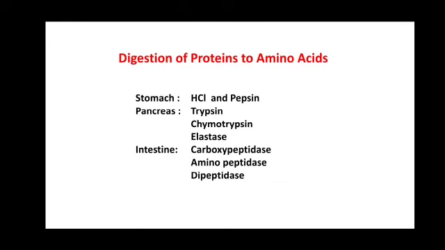So these proteins are digested by enzymes in the stomach, pancreas and intestine. In the stomach by HCl and pepsin, in the pancreas by trypsin, chymotrypsin and elastase enzymes, and in the intestine carboxypeptidase, aminopeptidase and dipeptidase.